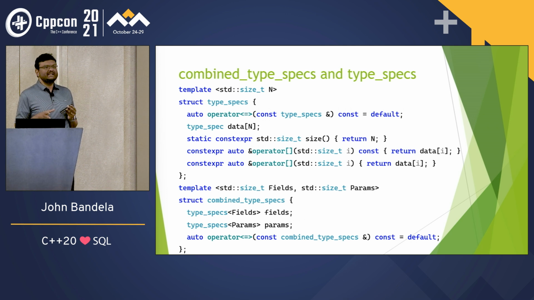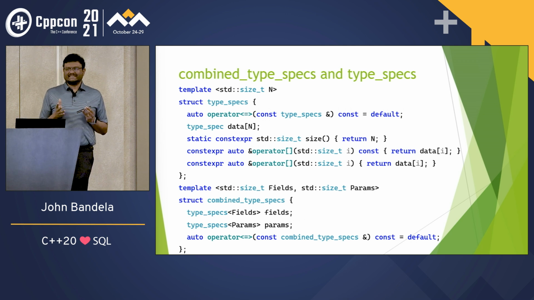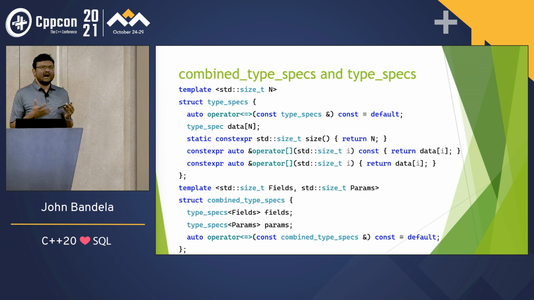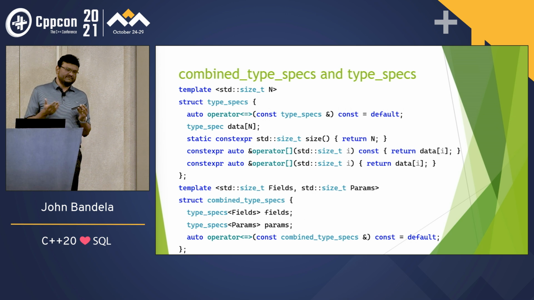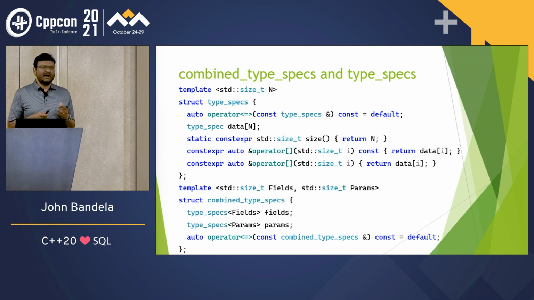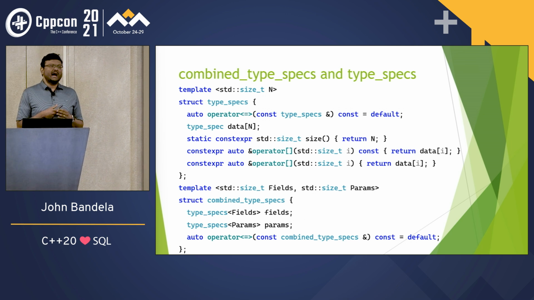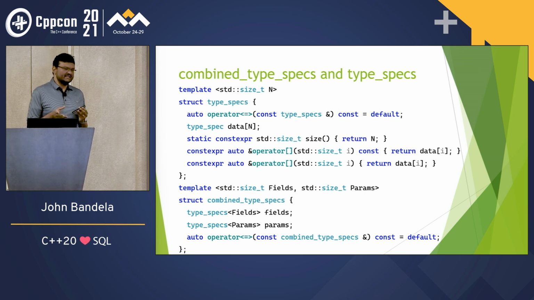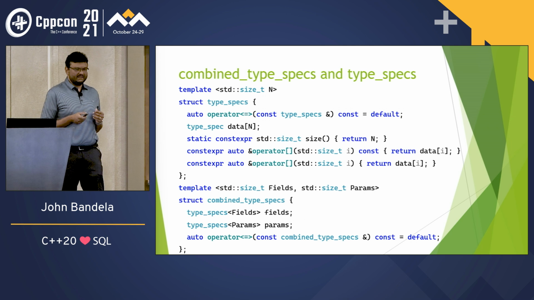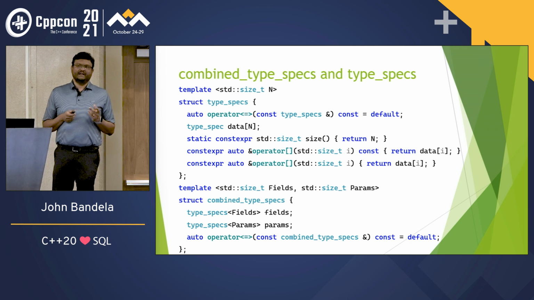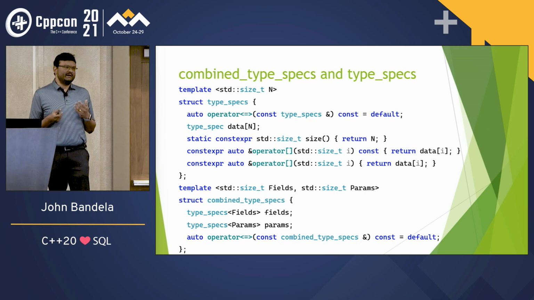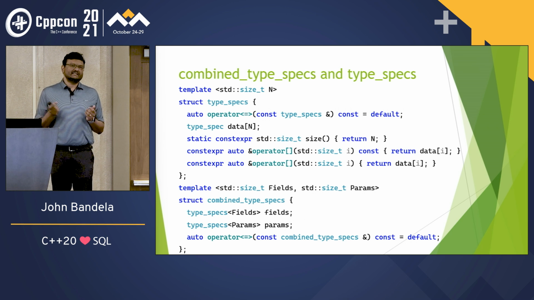So type specs is just a constexpr specialized version of std array that's specialized for type spec, because std array doesn't have the spaceship operator defaulted. Because of that, we can't pass in an std array as a template parameter, which would have been nice. So this is just a really thin wrapper. We just store some data and we provide access to it.